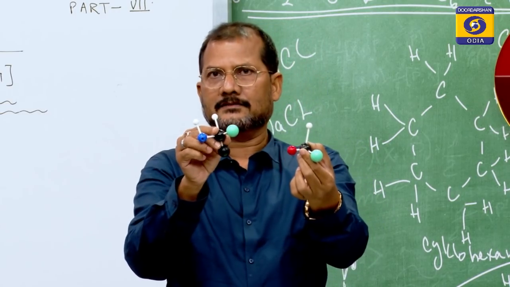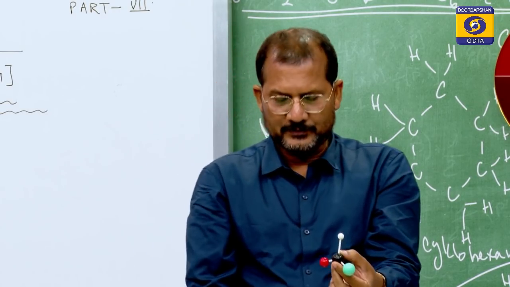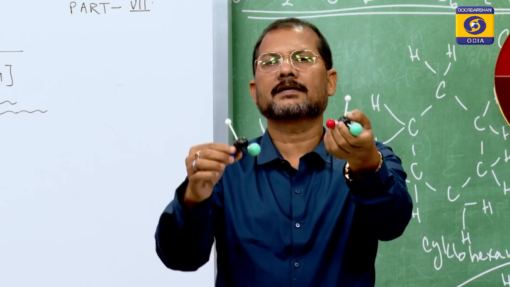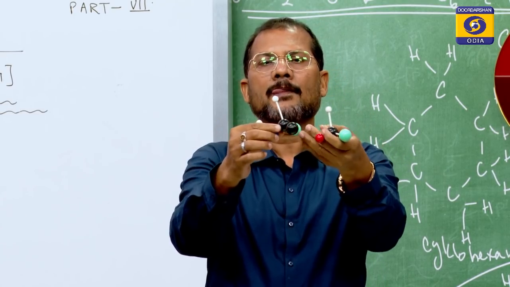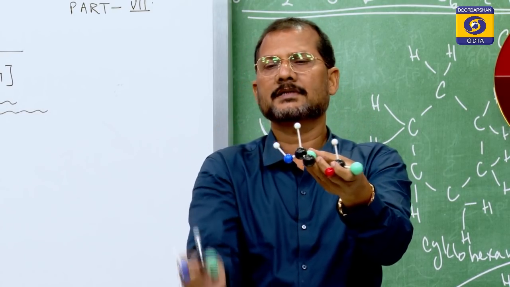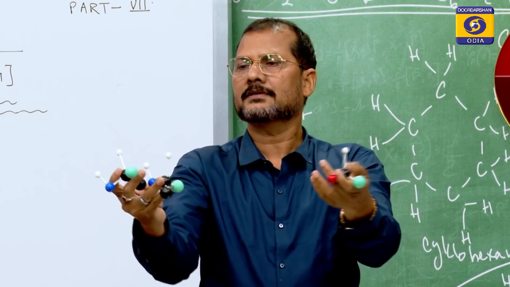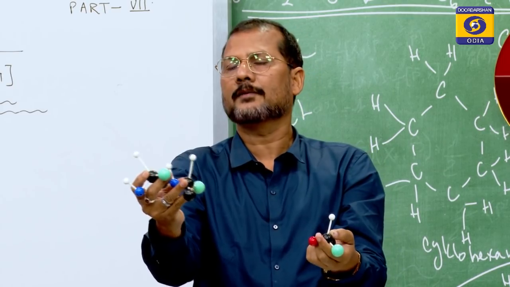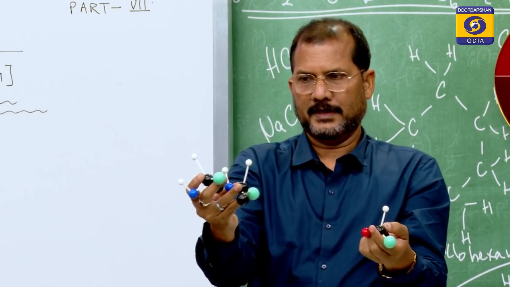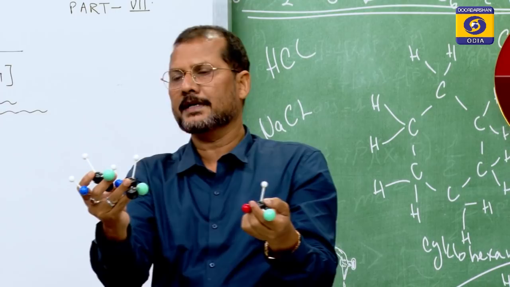Suppose in any reaction a reactant is producing 50-50 percentage of two compounds, this and this, 50% each. This is the reactant, but there are two different products. Once again, please look into the screen.